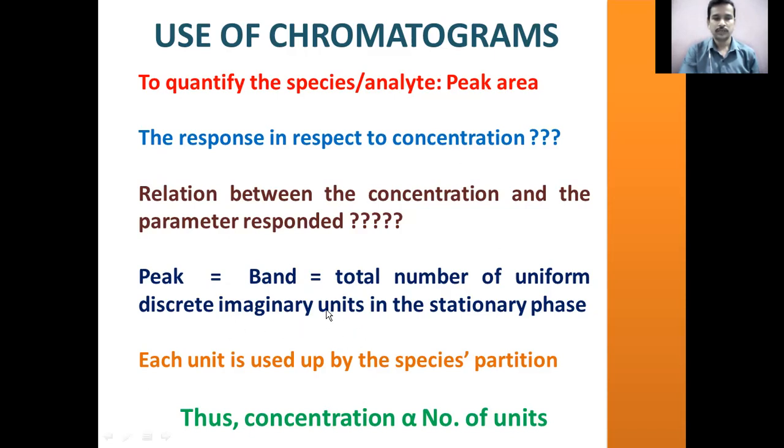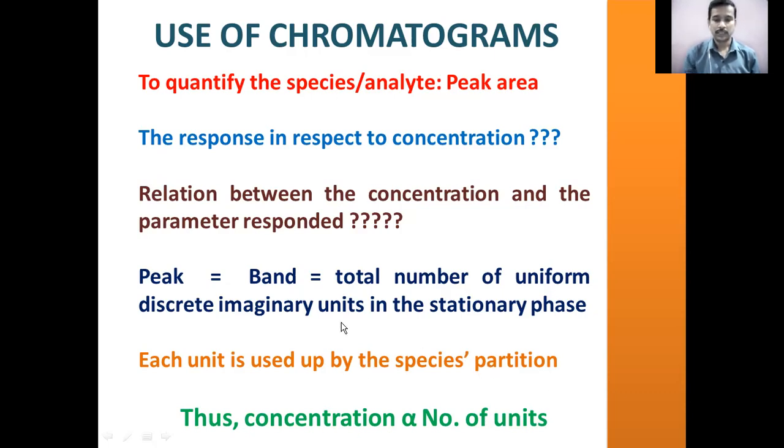And these units are very important. The number of individual discrete units in an individual band is directly proportional to concentration. So if the concentration is more, the number of units present in the band will also be more, because the solute occupies all these individual units. The solute has used up all these units to undergo partitioning. So this is very, very important.